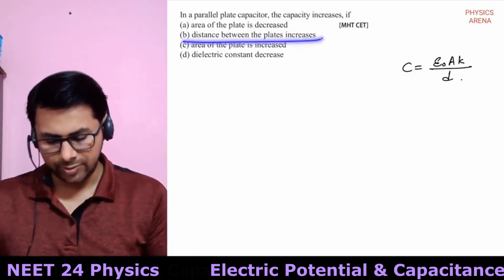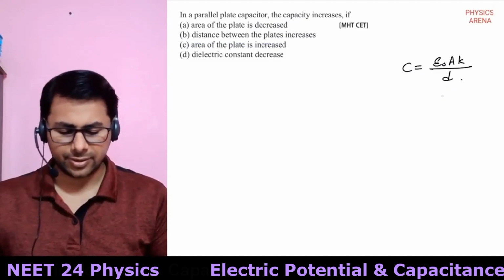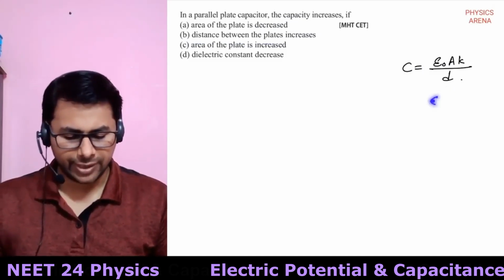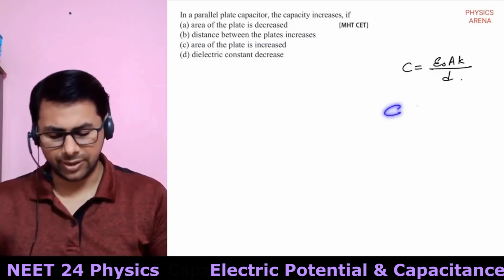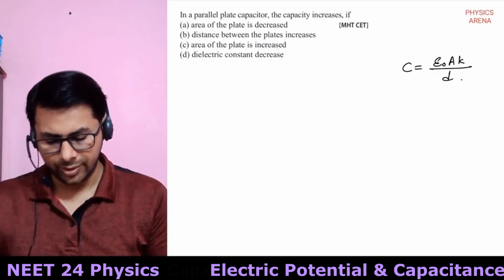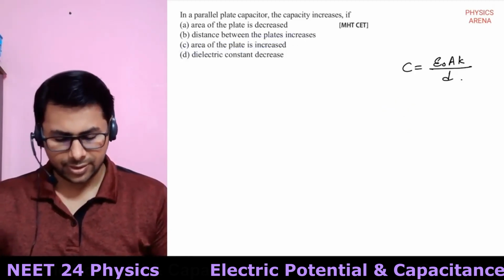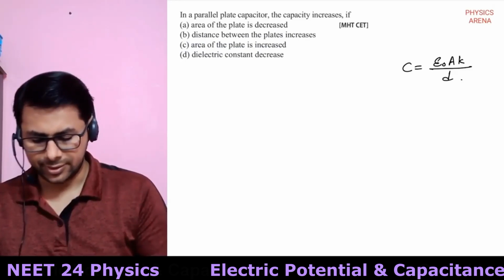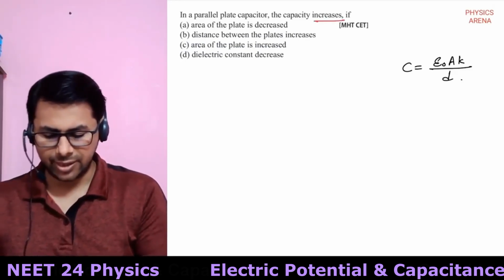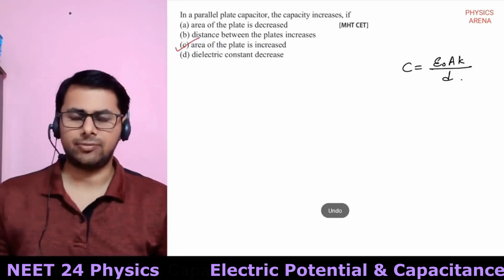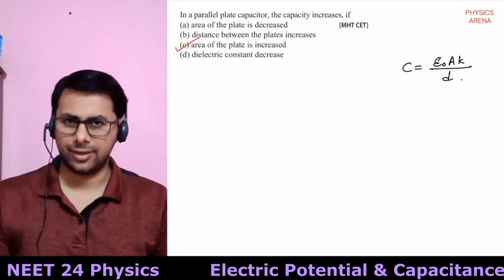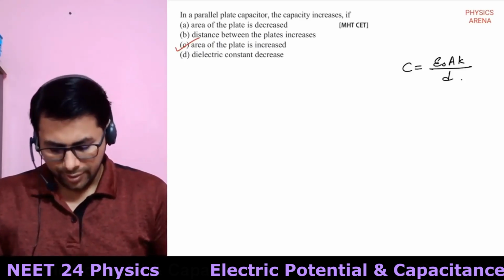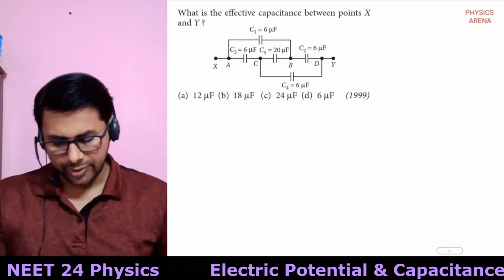If distance between plates increases, capacitance will decrease. Area is increased, so this is the answer. Capacitance will increase if area increases, because it is directly proportional to area. Okay, let's see the next one.